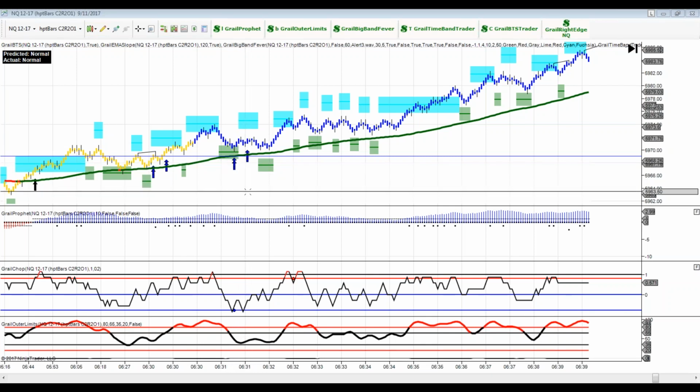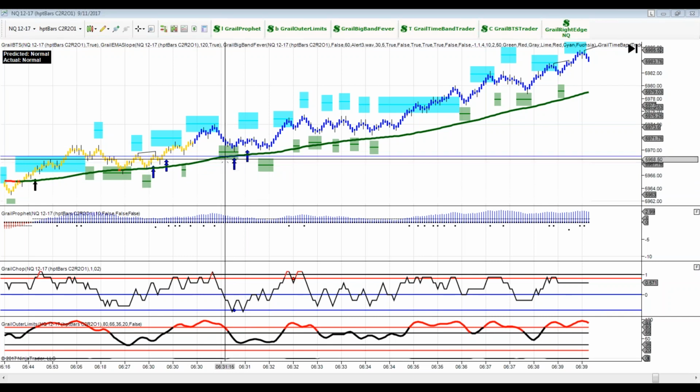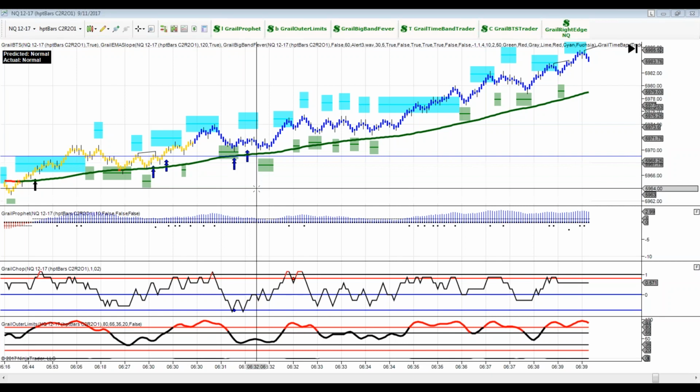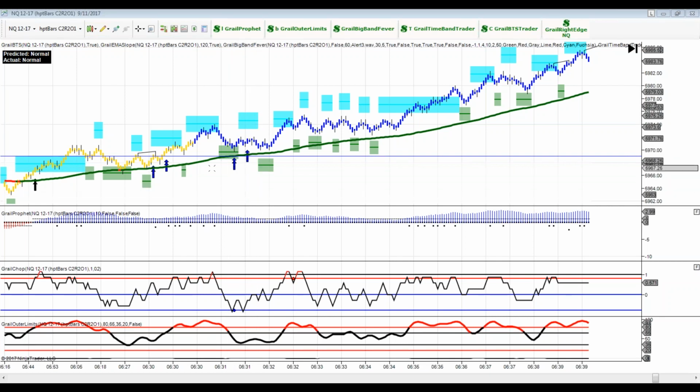Generally speaking, we are not going to get a Grail 1 entry using these boxes. If you look at your Grail 1 entries, you probably see that they're actually opposite. So initially, the right edge is very powerful in conjunction with the trend and in conjunction with the Grail 2 setup.